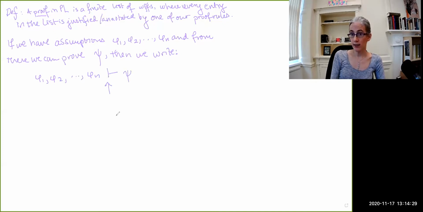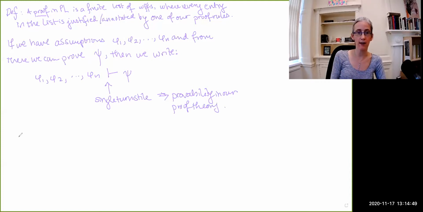So you'll recognize this formula. This is the single turnstile, and it is the formula that corresponds to provability in our proof theory. So this is not to be confused with the double turnstile. If I wrote down phi 1, phi 2, dot, dot, dot, phi n, double turnstile psi, this is the semantic notion.